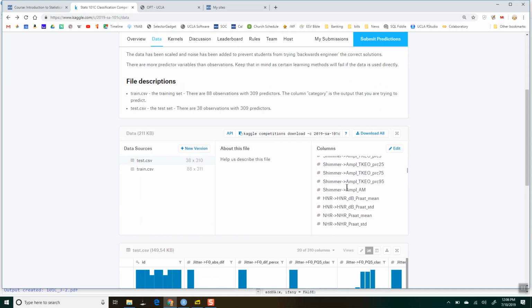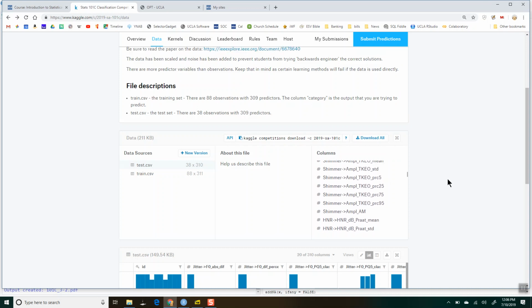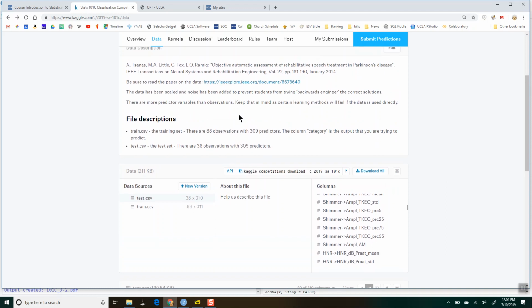I'm not a speech therapist, so I'm not 100% sure what exactly these things mean. I did read through the paper, and it has something to do with the microphones picking up the frequencies in the speech, and they analyze it and it produces a number, okay?